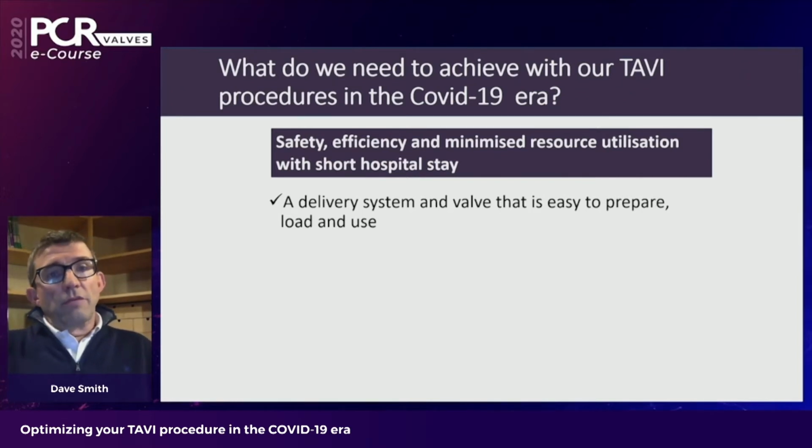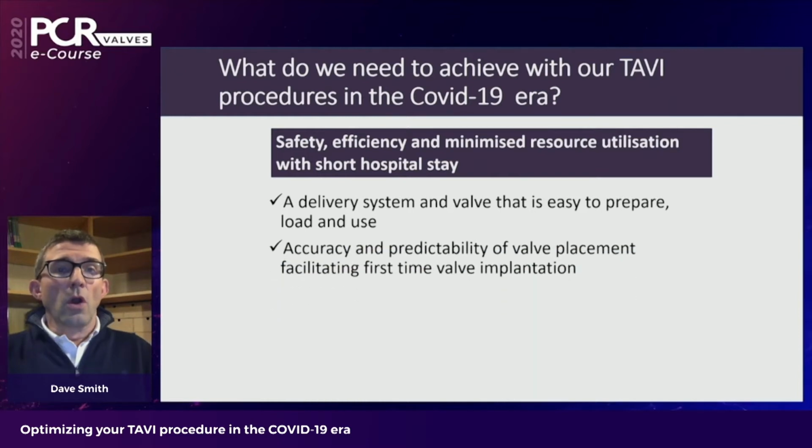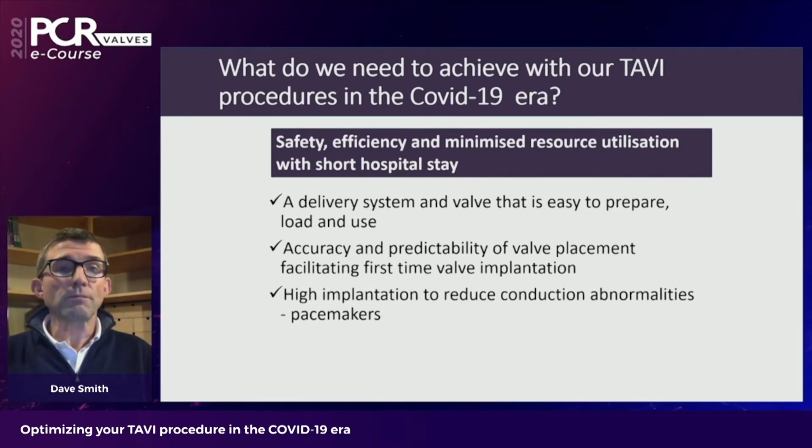We need a delivery system that's both easy to handle, prepare, load and use in the catheter lab, and that's for the whole of our catheter lab teams. We need a TAVI system that allows accurate and predictable placement of our valve, hopefully facilitating first-time valve implantation without multiple repositioning.